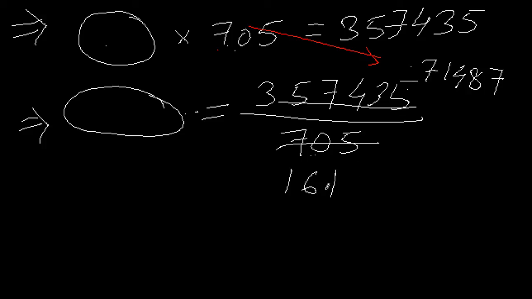Now these two numbers end with odd numbers. That means they won't be divisible by 5 or any even numbers. Neither 2, 4, 6, not that way. So what do I do? Let me check with 3.